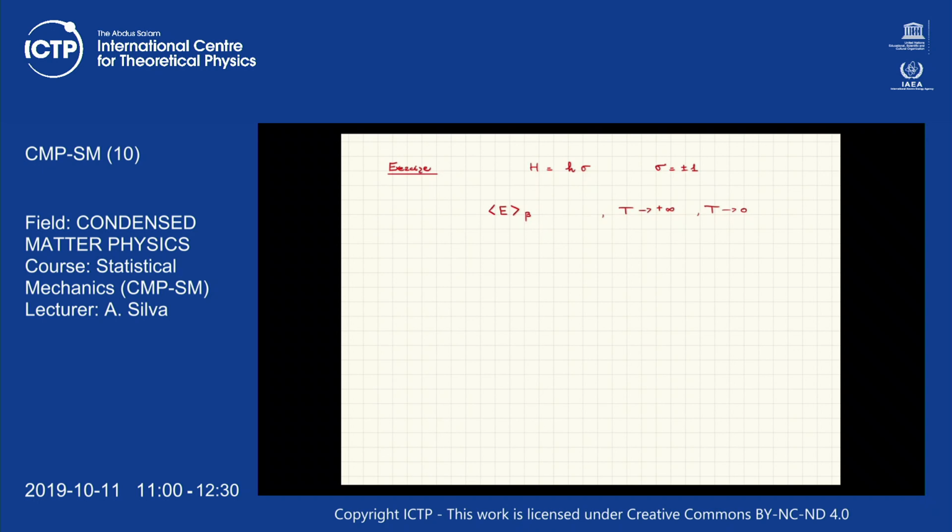Yeah, it's okay, 2 cosine. Now you have to take a derivative with respect to t and to beta. No, sorry, you have to take a derivative of the log. Yeah, but of the log, not of the partition function. Okay?